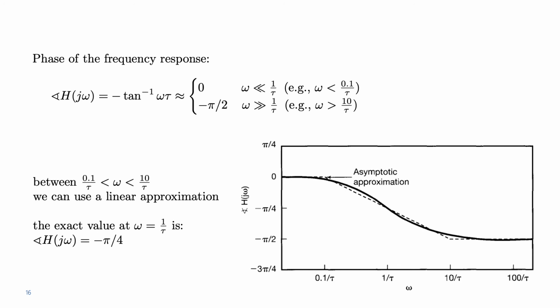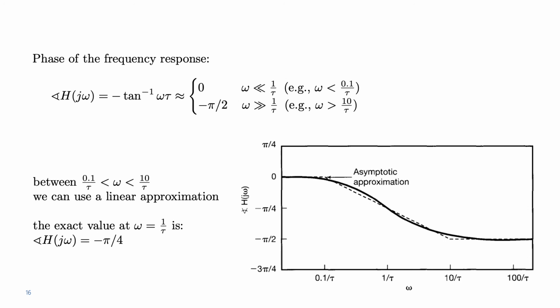What would be the exact value at the break frequency, which again is 1 over tau? If we replace omega equal to 1 over tau in the formula of the phase of the frequency response, we get minus arctangent of 1, which gives us minus pi over 4. So that would be the exact value.